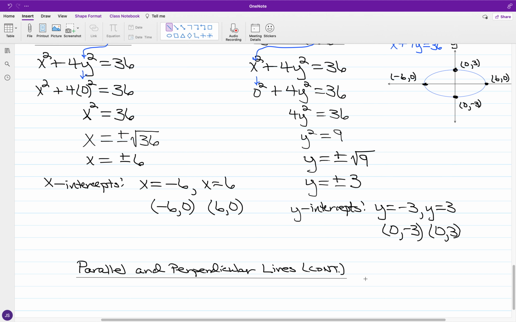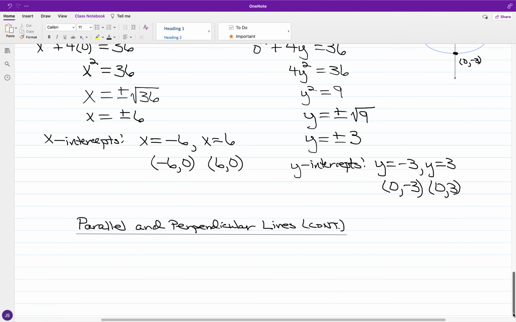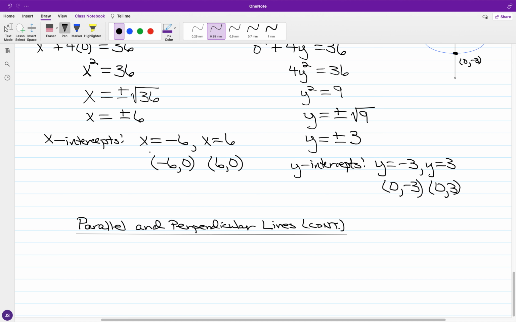So for what we have in the case of parallel and perpendicular lines, let's say that we have determining parallel and perpendicular lines.